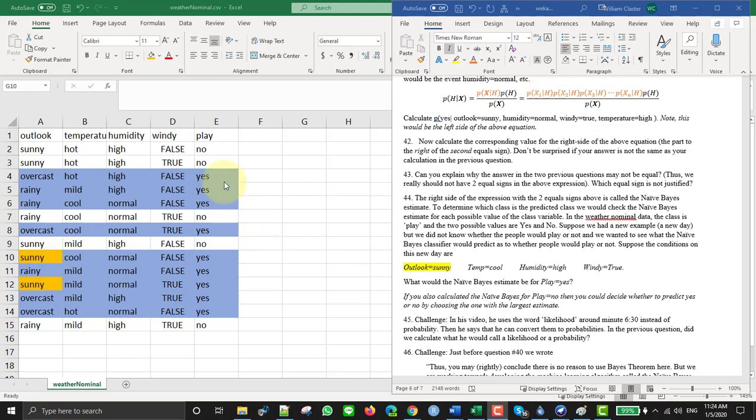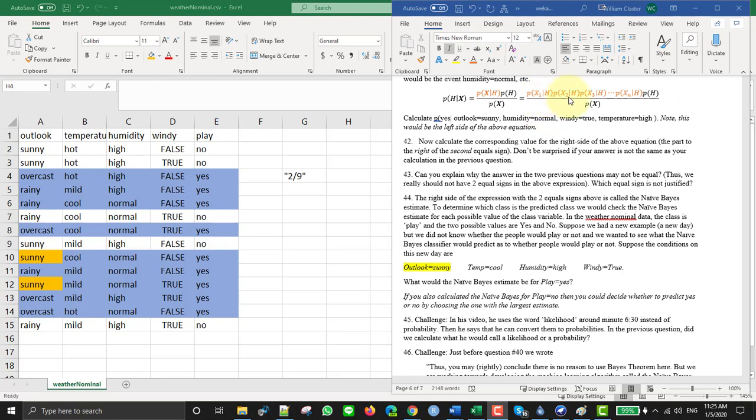Within the blue, we only have two cases where the outlook is sunny. The total number of blue is 1, 2, 3, 4, 5, 6, 7, 8, 9. Out of those 9, there are 2 that are sunny, so that probability is 2/9. So the first factor here is 2/9.